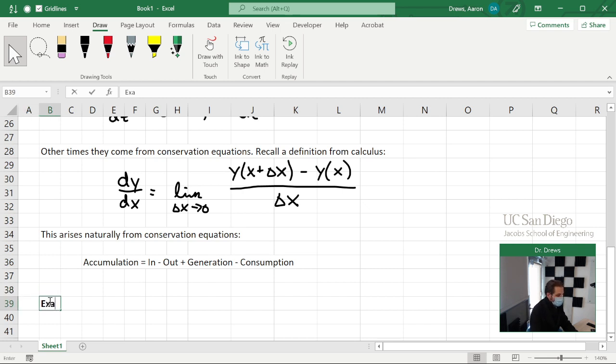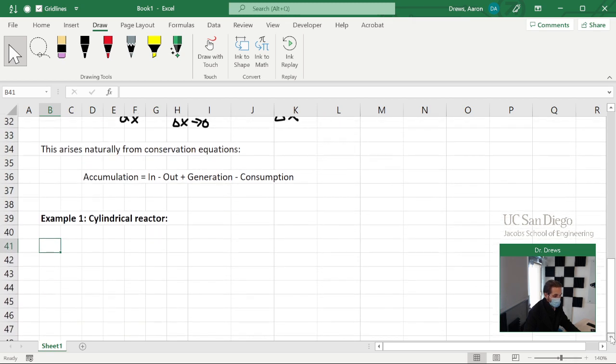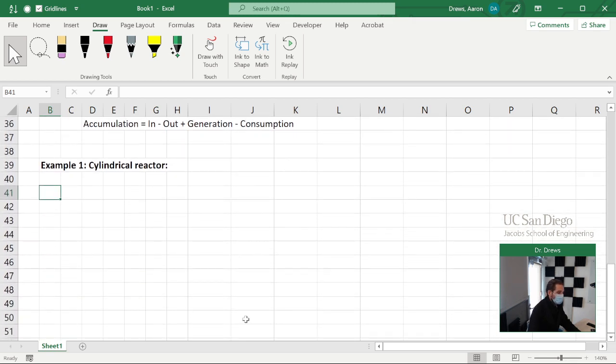So as an example, if you had a cylindrical reactor, how could you get an ordinary differential equation out of this? Well, the types of derivations that we do or have done, depending on where you are in your particular curriculum, is to start off with something that feels somewhat more natural, in the sense that we can draw a cylinder.